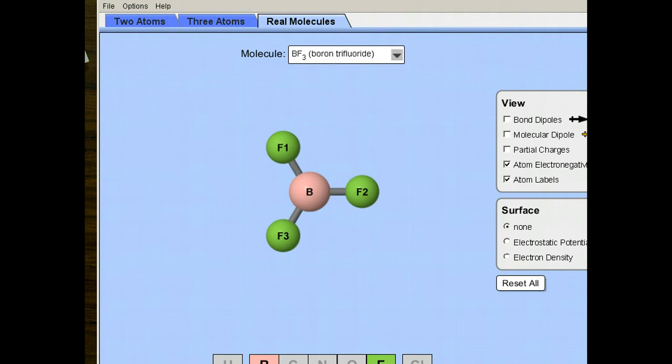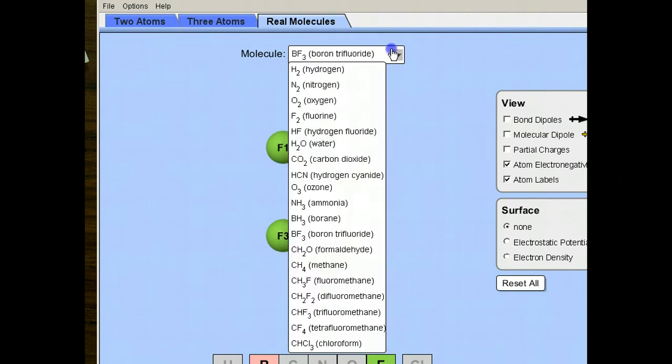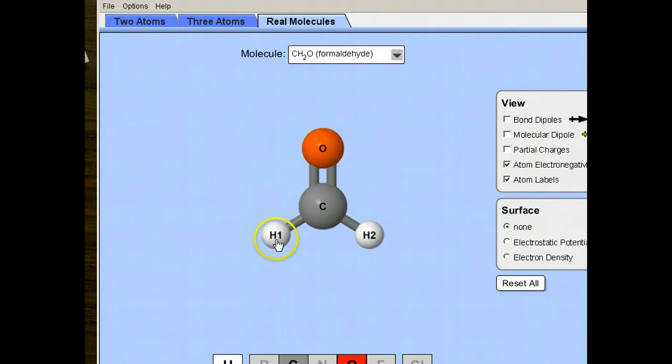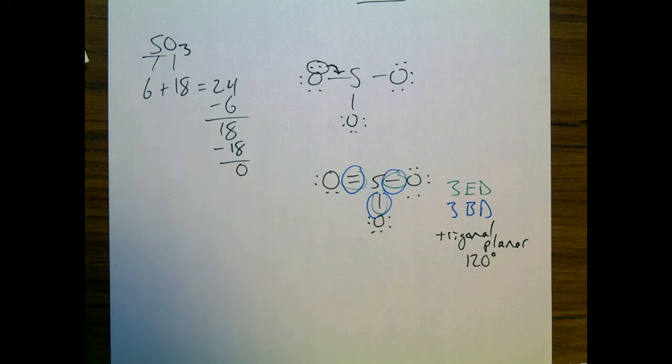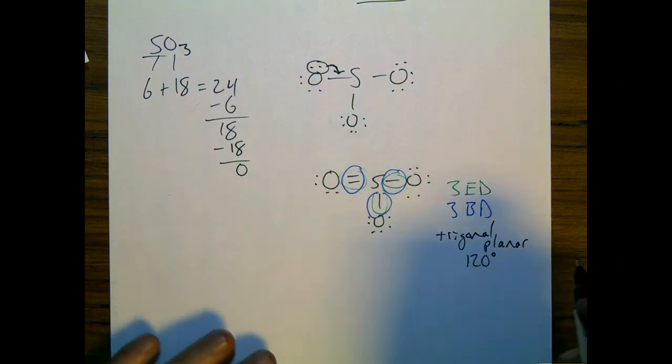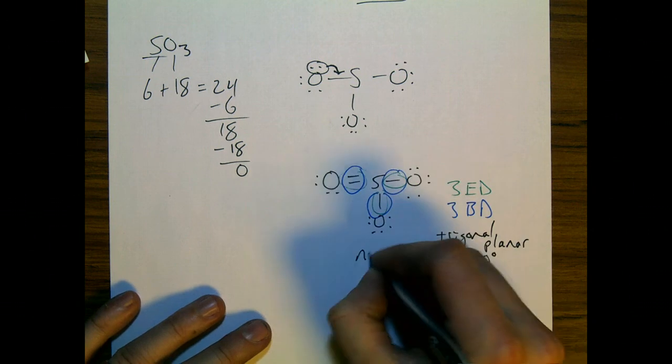Whenever you have a trigonal planar molecule, it's sort of like a tug-of-war on the center atom, or the center atom tugging on the other ones. It's often an even battle. If they're all the same atom on the outside and it's trigonal planar, it's always going to be nonpolar. But if I have a molecule where they're not the same on the outside, like this one where this atom is very different than these two, this would be a polar molecule. So, polar, nonpolar. Here we have the same atom all on the outside, so it's going to be nonpolar.